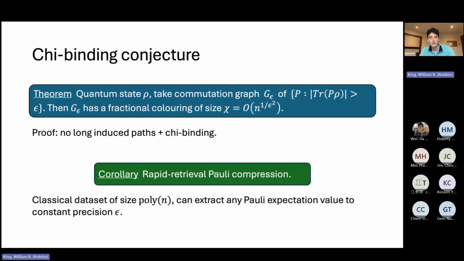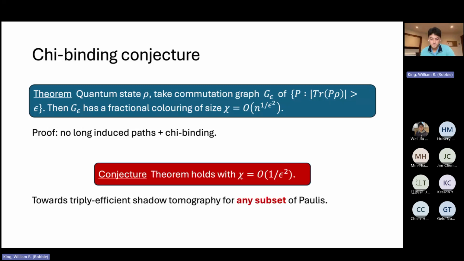So we thought this was interesting. But we actually conjecture that you can even do better than this. So I'm curious about whether or not this is true. I think that for the coloring of this G sub epsilon graph, there's a chance that it's as small as 1 over epsilon squared, independent of n.